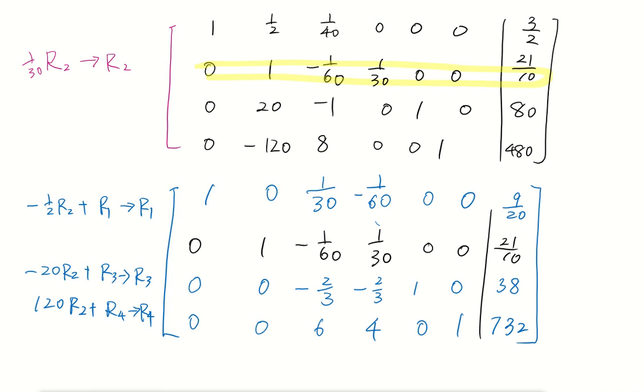And the answers come from the last row. This is x1, this is x2, this is x3.